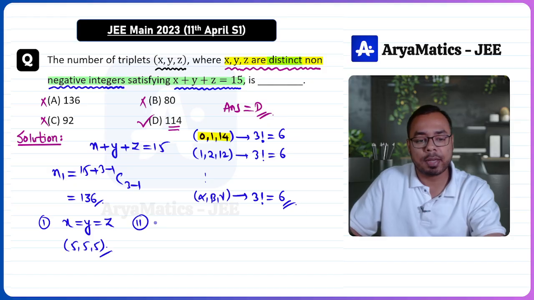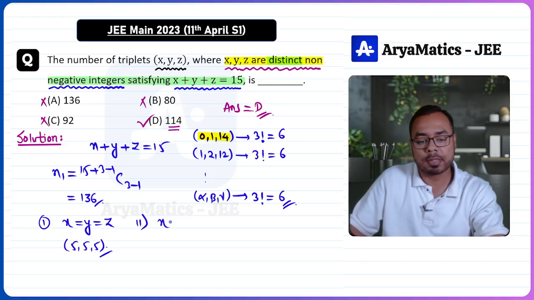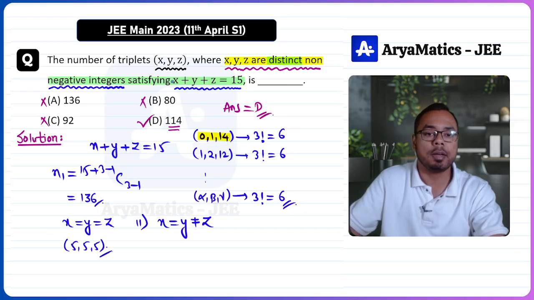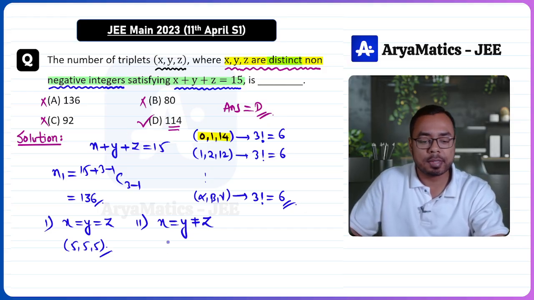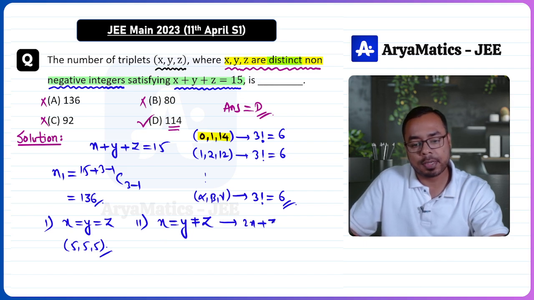Another case that we have to remove is when any two of the three variables are the same. That means x and y are equal and different from z. Let us take this one as an example, and then we'll see how to arrange those. If x and y are equal and different from z, the equation will be 2x plus z equals 15.